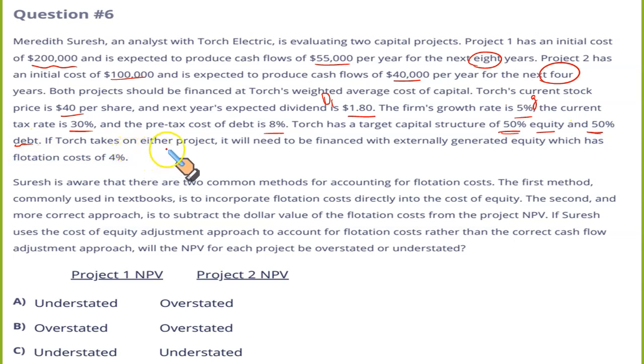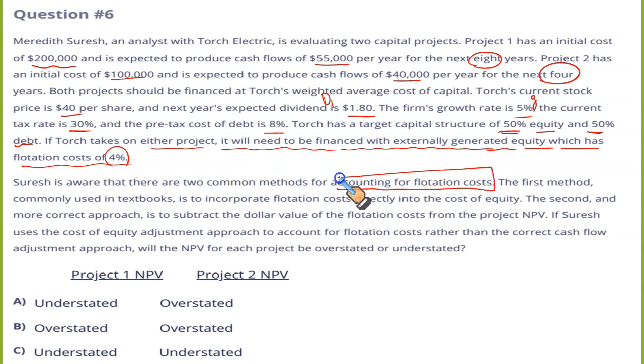If Torch takes on either project, it will need to be financed with externally generated equity, which has a flotation cost of 4%. So the money will come from issuance of equity and the flotation cost is 4%. Suresh is aware that there are two common methods for accounting for flotation cost.